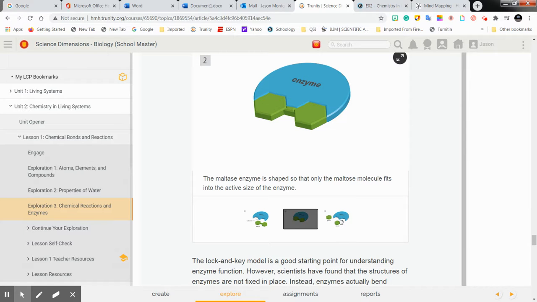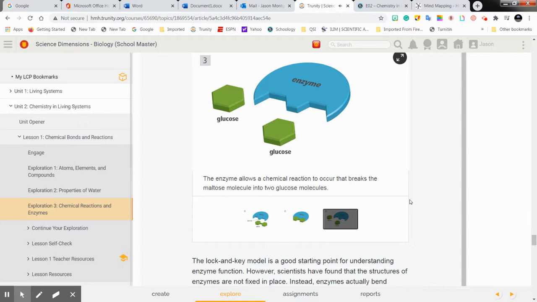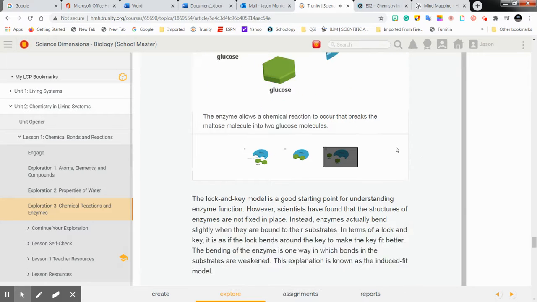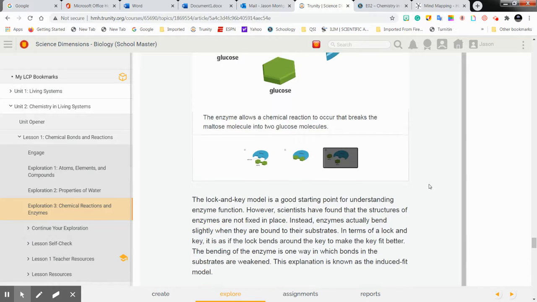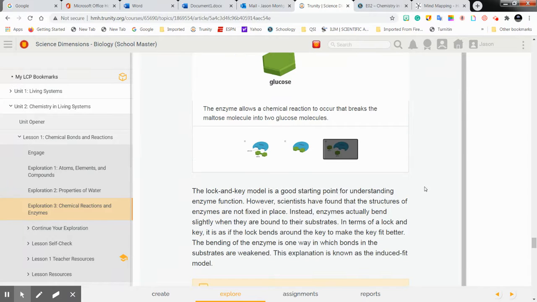Now it can be broken down further, right? The enzyme allows a chemical reaction to occur that breaks the maltose molecule into two glucose molecules. So basically, all enzymes operate this way, and there's a specific substrate that fits with a particular enzyme.